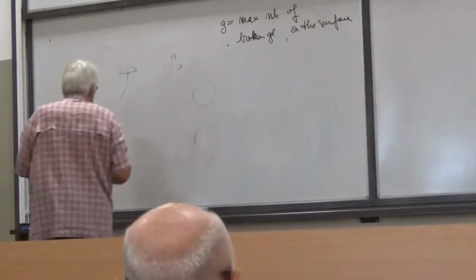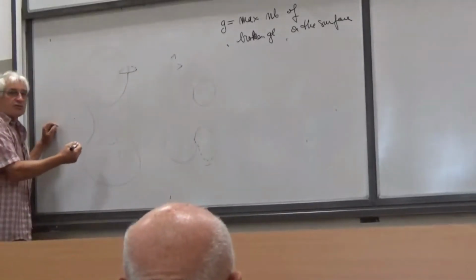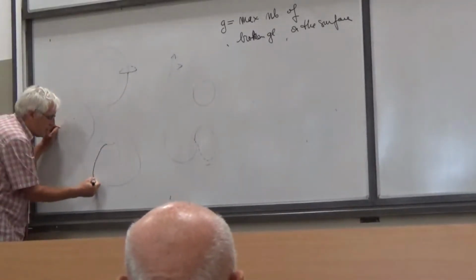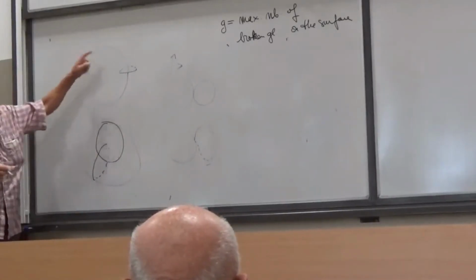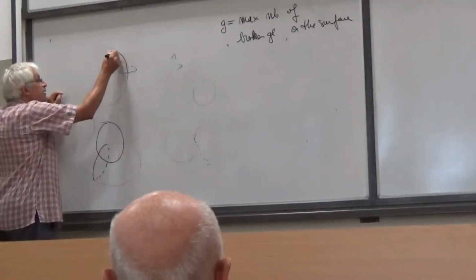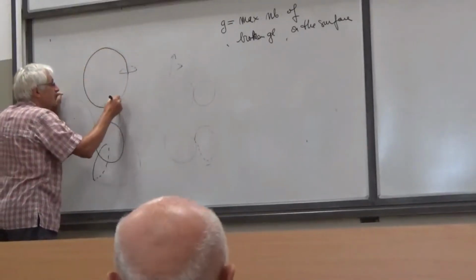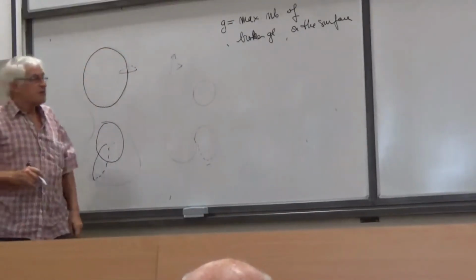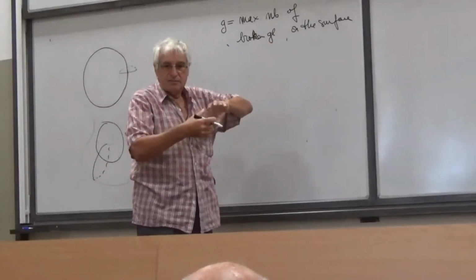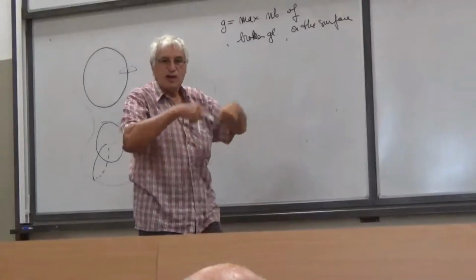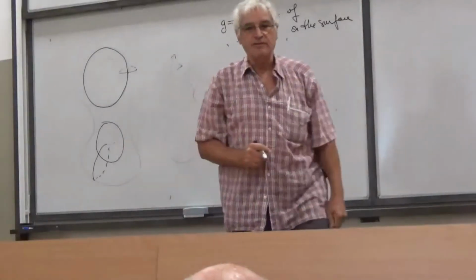So here I can draw for you another such broken glass. Here, another one, so here we have two. To make this visible again: the maximum number of disjointly placed broken glasses on the surface, that's the genus.